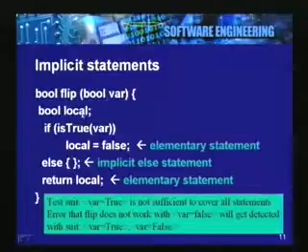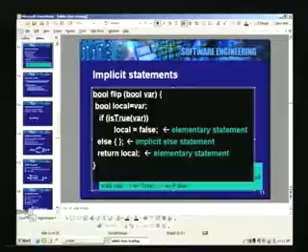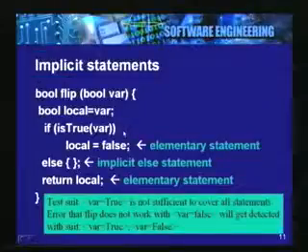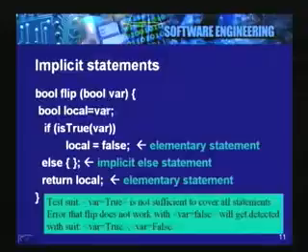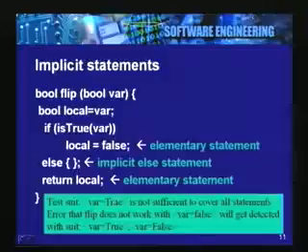I will make a small change on this slide, where local is equal to var, and let us look at this program now. If you assign the initial value of local to be var and return local as it is, then if you execute this with false, you will return false.